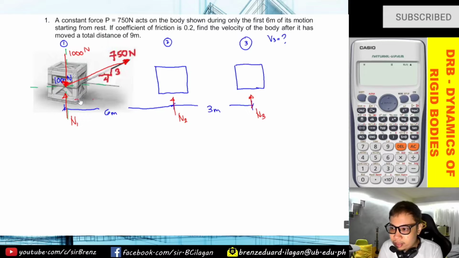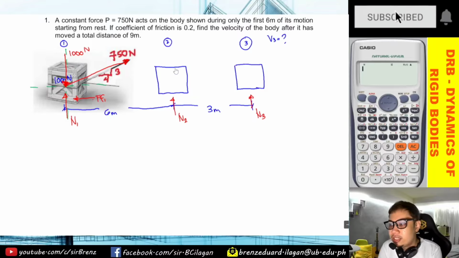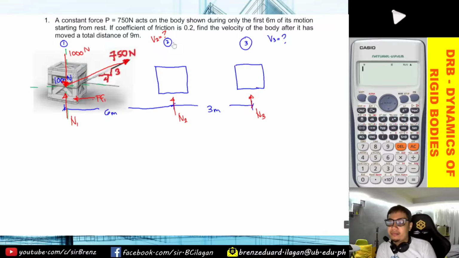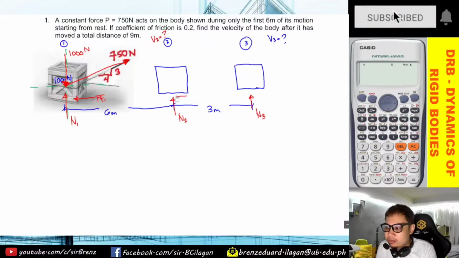So, ang frictional force, again, opposite always the direction. So, I will name this as my frictional force 1. And even though wala ng force dito, yung block mo kasi dito at point 2 has its velocity. So, meron pa daw ditong velocity 2. Kaso, again, hindi rin natin alam. So, because of this velocity and since this block is still in motion, so, somehow, meron pa rin siyang frictional force dito.